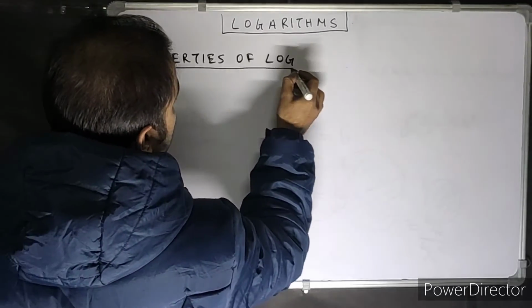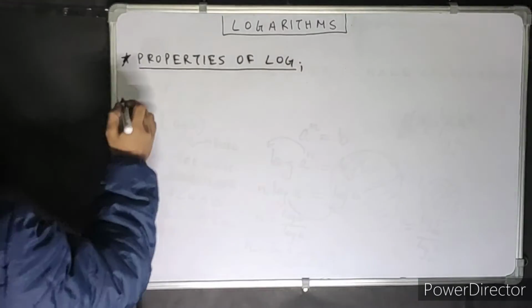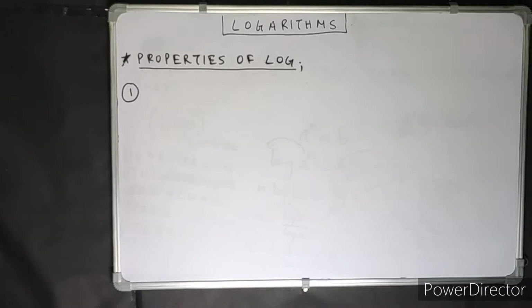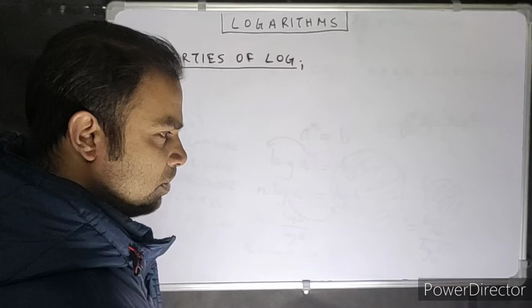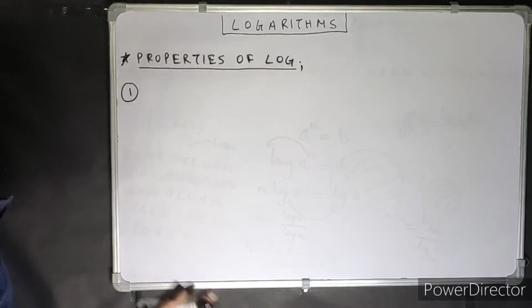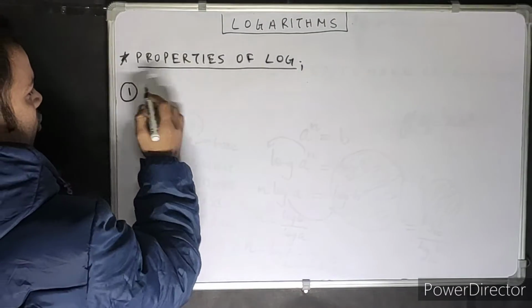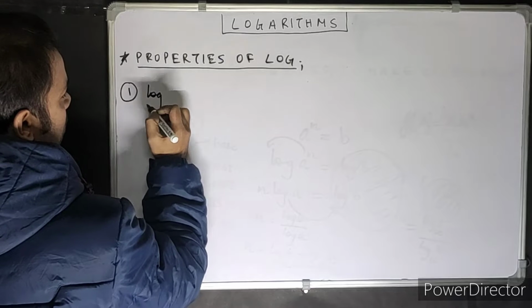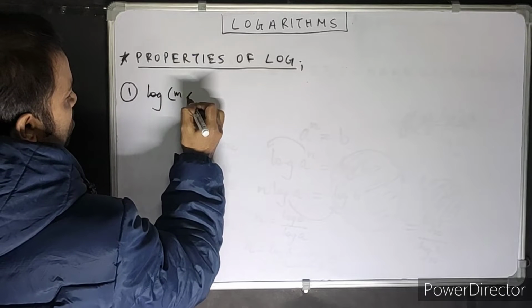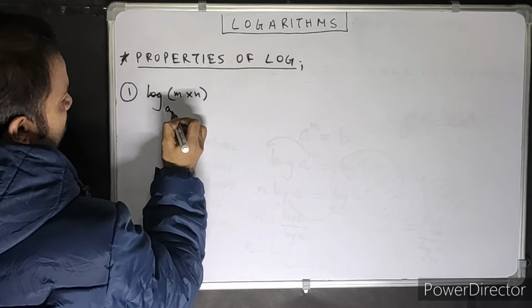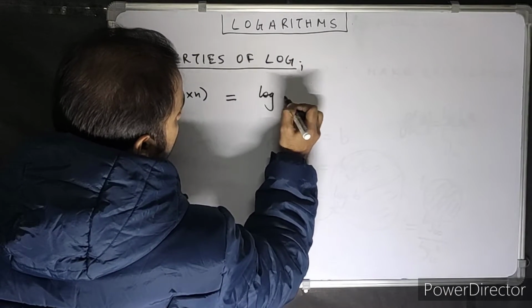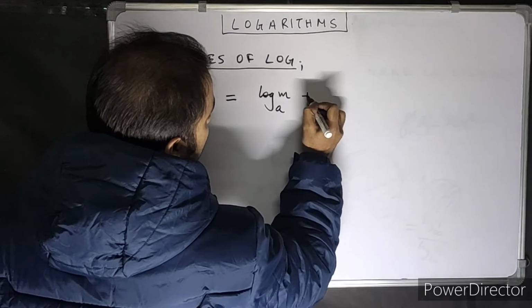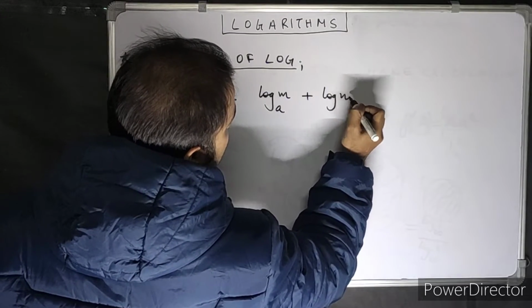Logarithms. You can write full thing. First one, you don't have to learn what type of a property. They have names: quotient law, then product law. No need to learn the names. You just start. Log m into n, say base a, can be written as log m base a plus log n base a.